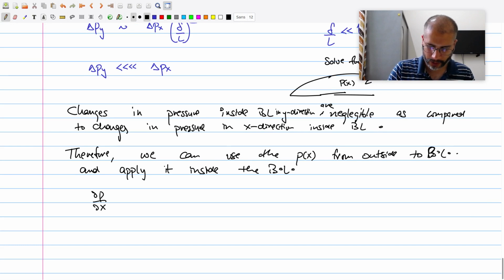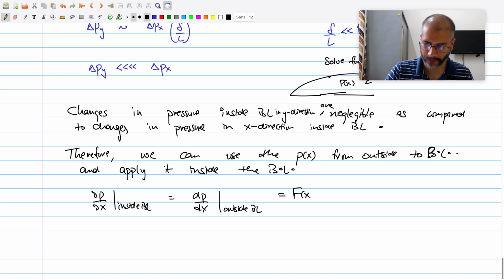So del P by del x inside boundary layer is equal to dP by dx from outside boundary layer, and this is some function of x. Okay, I keep writing dP by dx because I am assuming that the pressure variation in the y direction outside the boundary layer is not there. And that makes sense because the flow is only happening along the surface, it is not happening perpendicular to the surface outside the boundary layer.